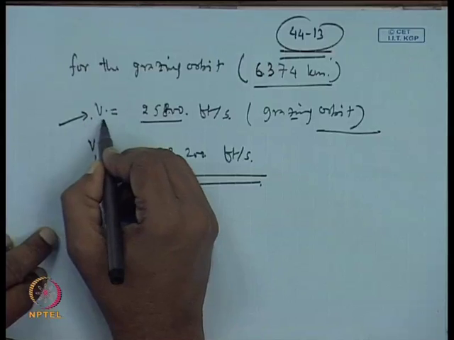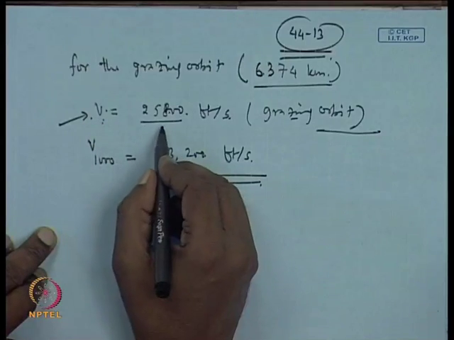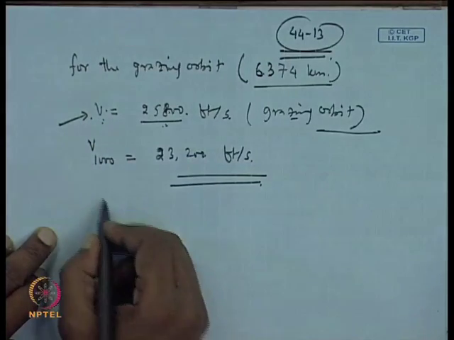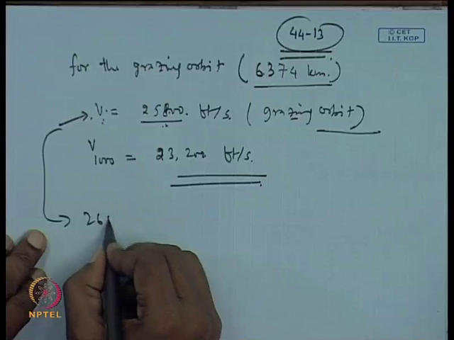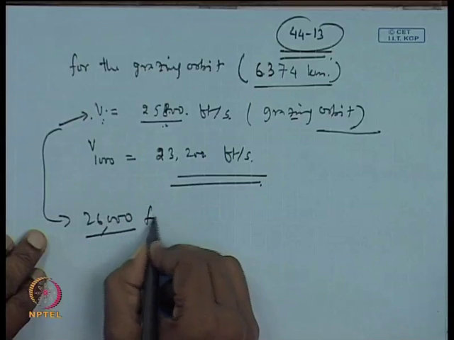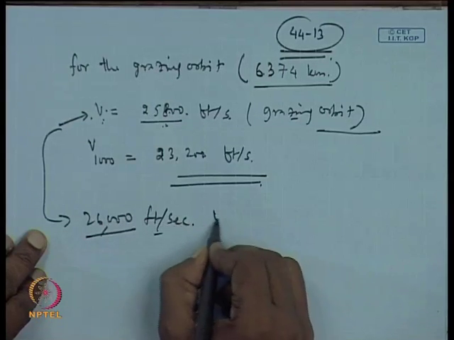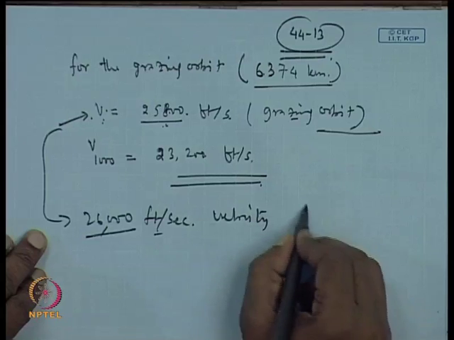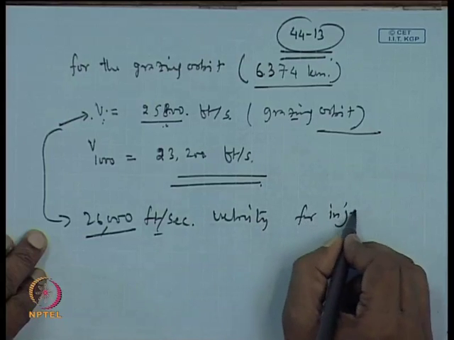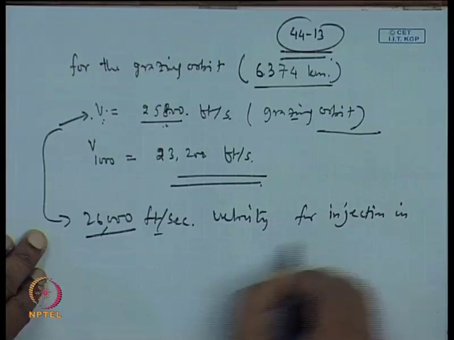So, for injecting the satellite in the orbit, you require around 26,000 feet per second velocity for injection in orbit.